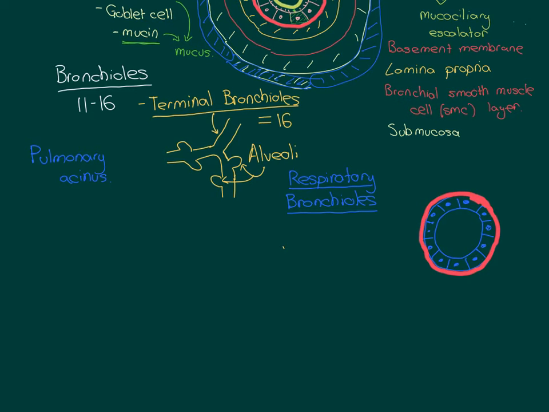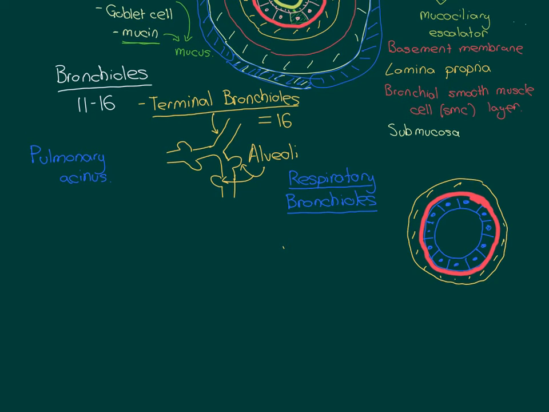So the lamina propria will still be there, the lamina propria of connective tissue. So here in yellow is the lamina propria of connective tissue around the basement membrane, but there's no smooth muscle cell there anymore. So this is the structure of a respiratory bronchiole.